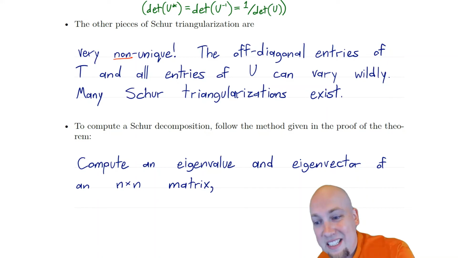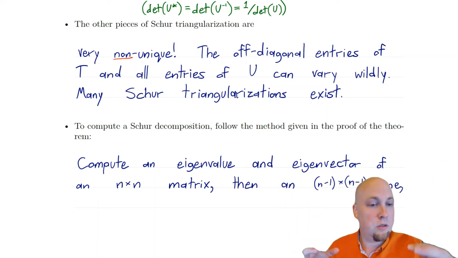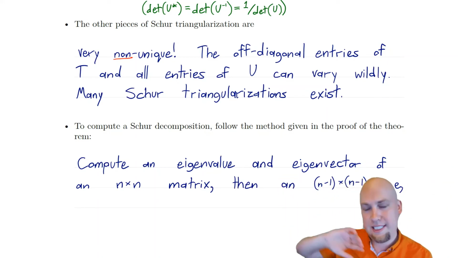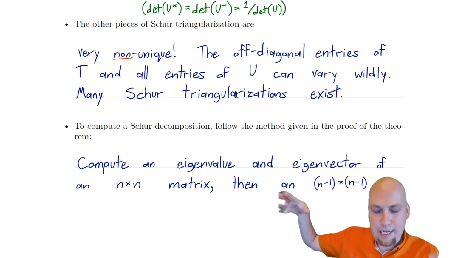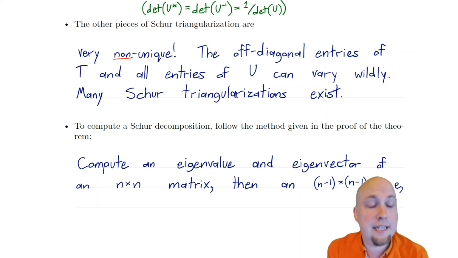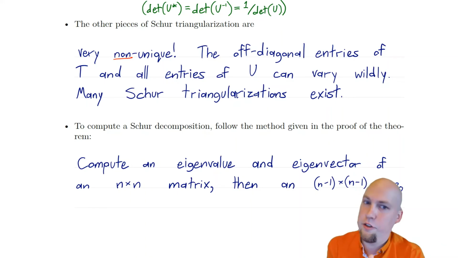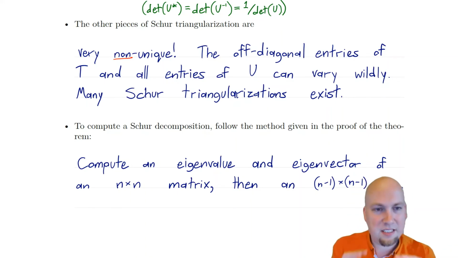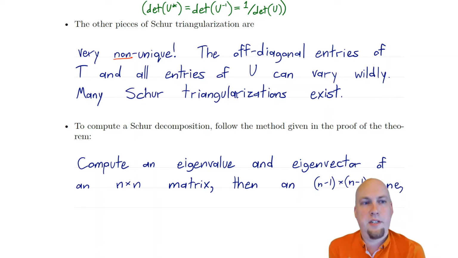Then the next thing that you do is you induct. You go down in dimension. We are already taking care of the n by n part. Now you go down to the n-1 by n-1 bottom right-hand corner, and you do the exact same thing there. You find an eigenvalue and an eigenvector. It doesn't matter which one; you pick your favorite eigenvalue and eigenvector pair. Then you do Gram-Schmidt to extend to an orthonormal basis. That gives you an n-1 by n-1 unitary matrix.